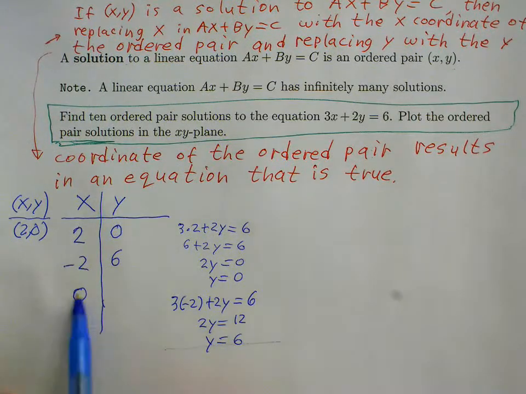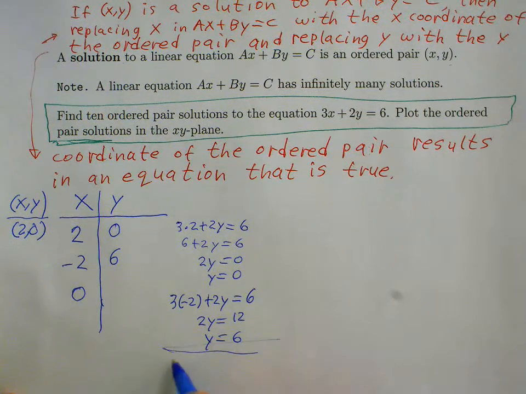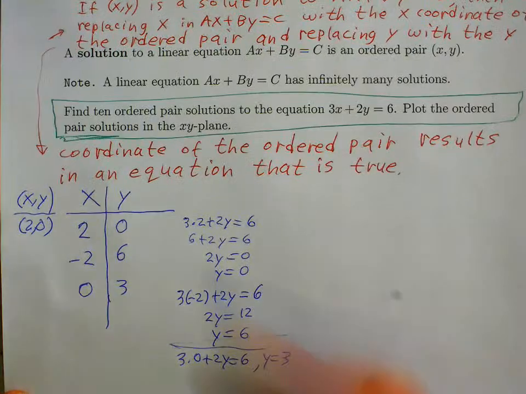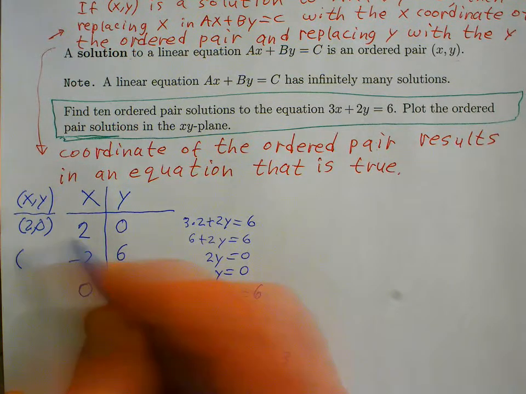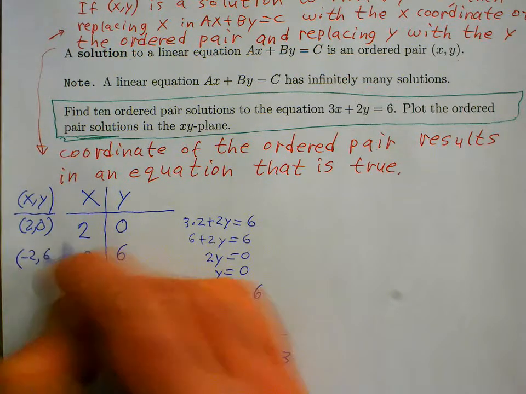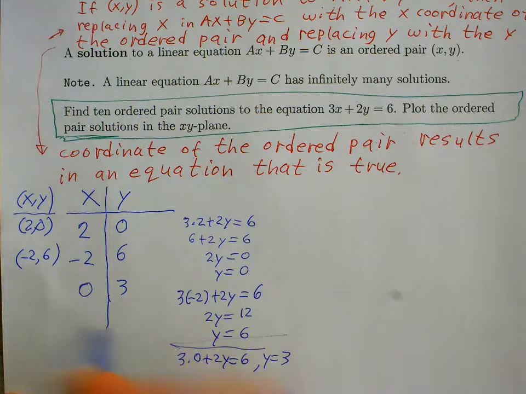If x is 0, 3 times 0 plus 2y equals 6. 3 times 0 is 0, so 2y equals 6, divide both sides by 2, we get y equals 3. So we have 3 ordered pair solutions. One is 2, 0. The second one is negative 2, 6. The third one is 0, 3.